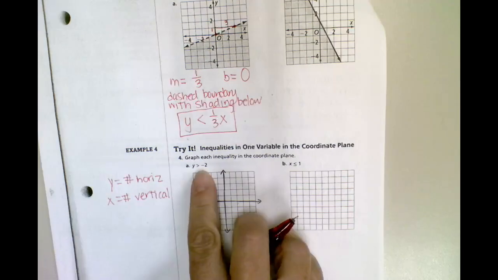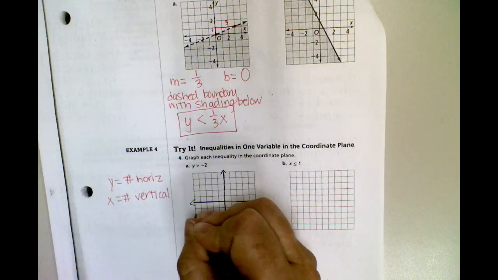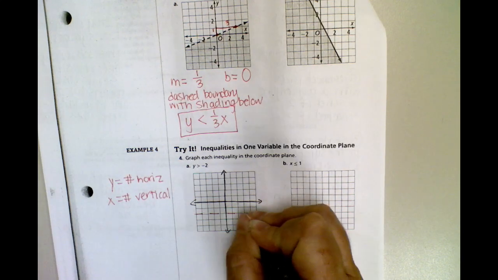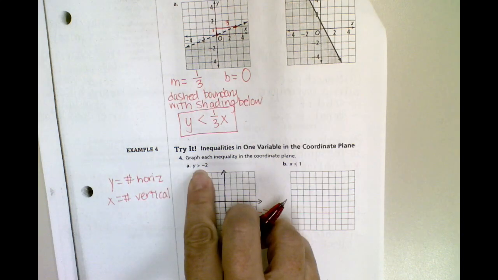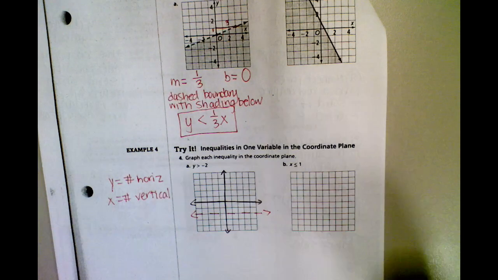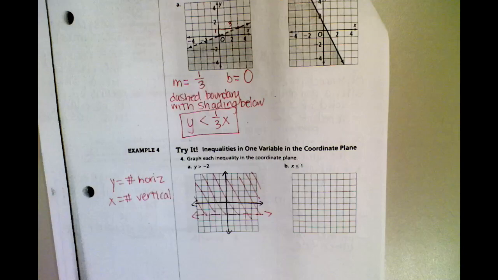So this one, y is greater than -2, is on a horizontal line here. I know that it's dashed because there's no equals. Greater than means above, and so I would shade right here. All right, this should give you all the basics to be able to try some problems on your own now.